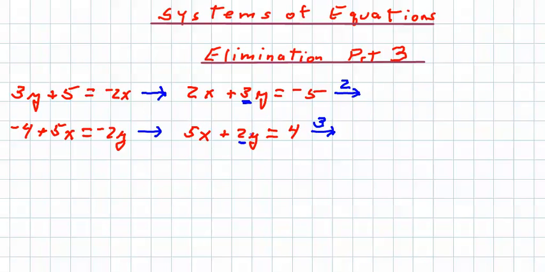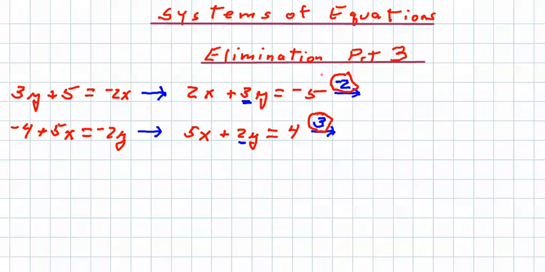Now, I want to have one coefficient positive, one negative, so I'm going to multiply this by negative 2. I show the numbers above my arrow, and I always put a little circle around them, or almost always, just so I know what I'm multiplying by.